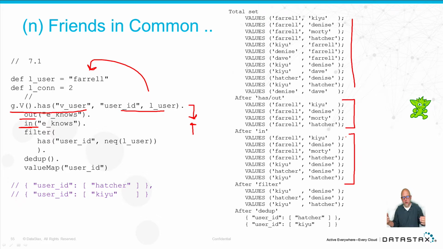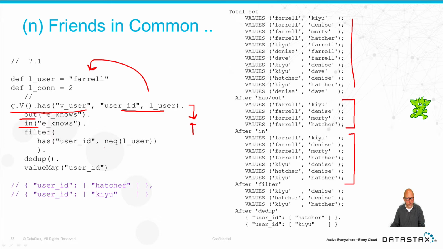And then Farrell knows Hatcher. Hatcher knows people. But what gets returned as a result of this in-out is people known in common. Not only I know Q, but Q knew people. And then did I know those same people as Q? Out and then in.